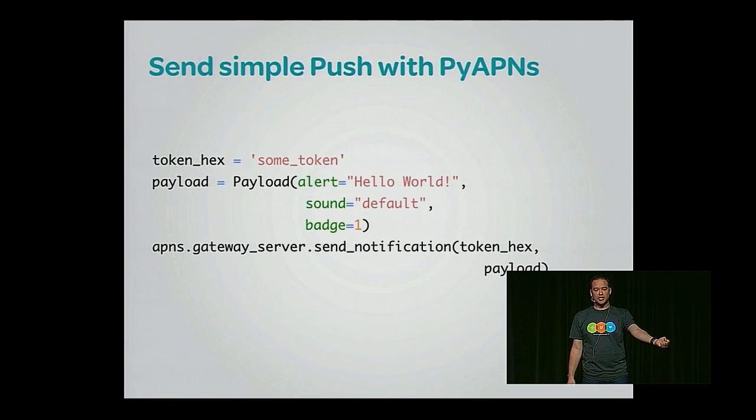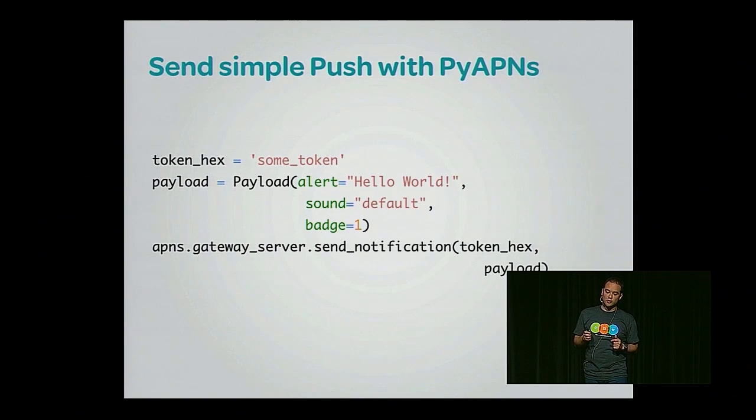So the device obtained that token and sent it to my server. So I fetch it from my data store, and I use that token to send my actual message. And then the payload, here I'm using a very simple payload. I'm just using a hello world that is going to show up on the phone and beep. But you can use a more complicated payload, and there's ways of doing that. I'm just showing you the simplest case.